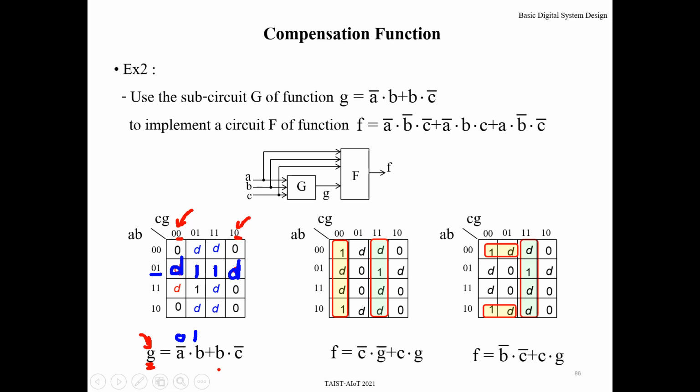Similarly, for this term, it's 1 when B is 1, Z is 0. B is 1 here, Z is 0 here. These 4 cells should be 1 again, because this equation is the value of G, but in this cell G is 0, so it cannot be 1. So write it as don't care.